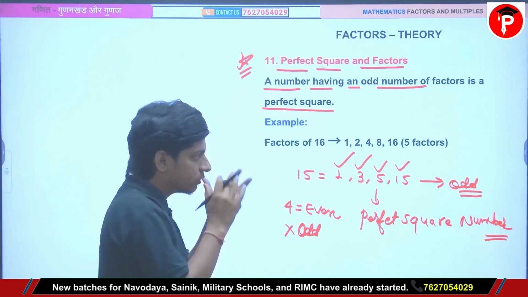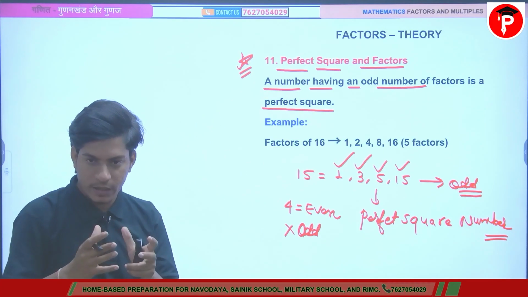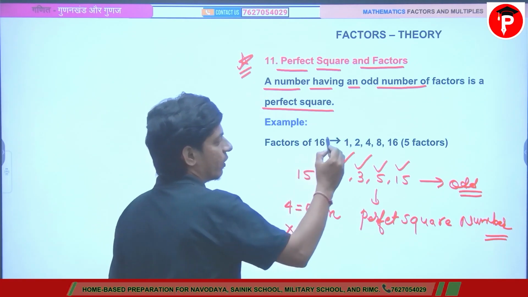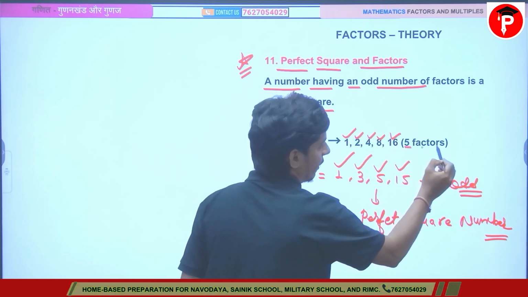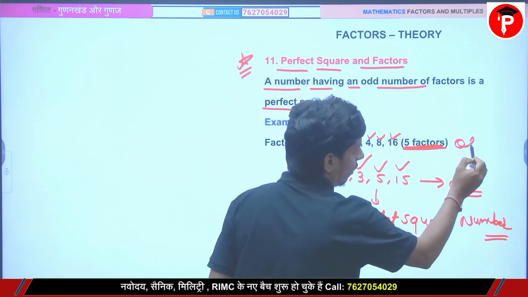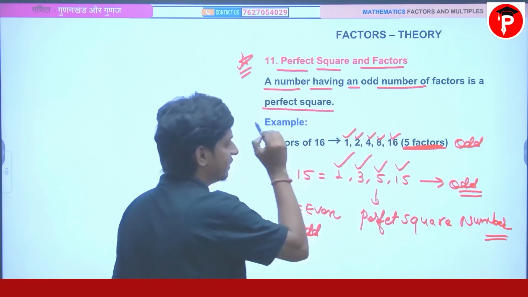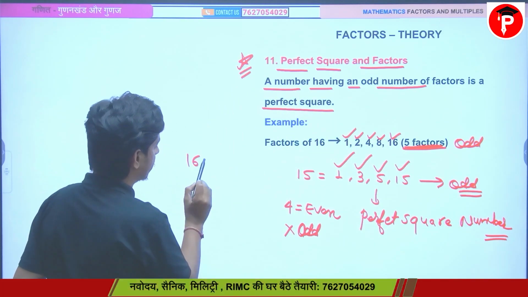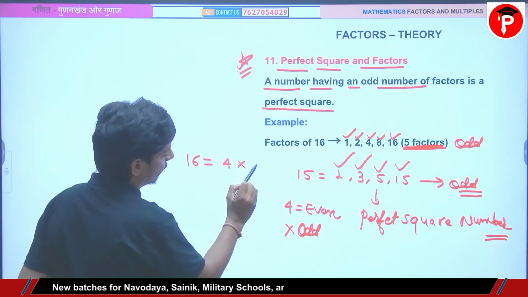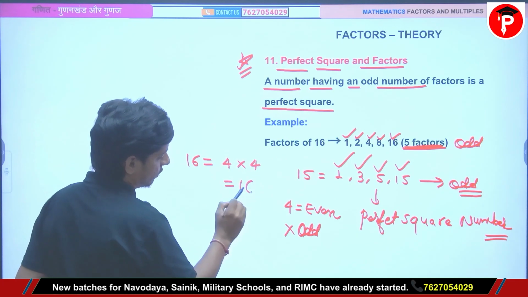Okay, so if we talk about the factors of 16: 1, 2, 4, 8, 16. Counting them, that is 5 factors, which is odd. So 16 is a perfect square, the perfect square of 4. If we multiply 4 with 4, two times, you will get 16.